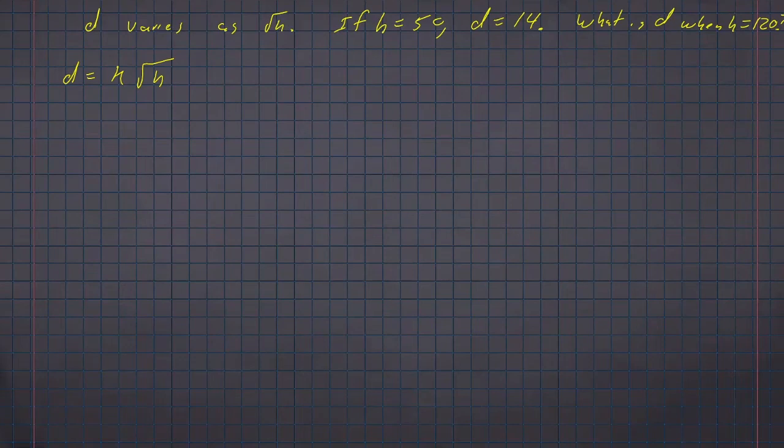If h is 50, d is 14. 14 equals that same constant k times the square root of 50, which means that 14 over the square root of 50 is the value of k. And my calculator is happy to give me an approximation. 14 divided by the square root of 50 is something in the ballpark of 1.98.